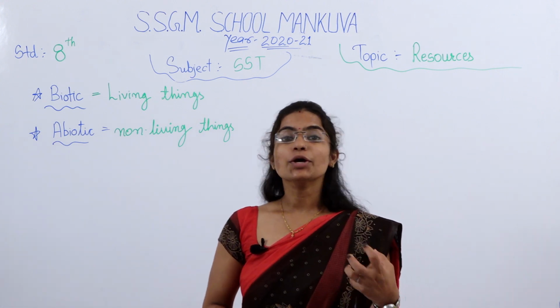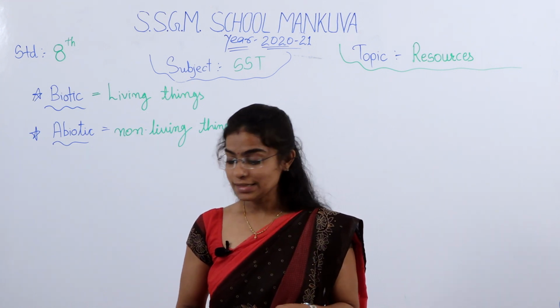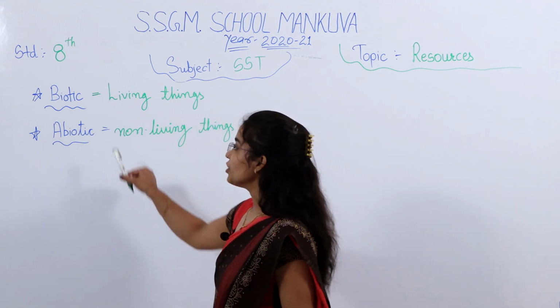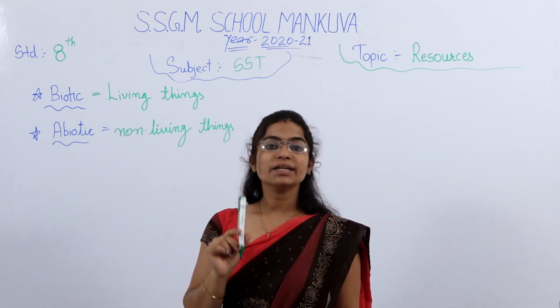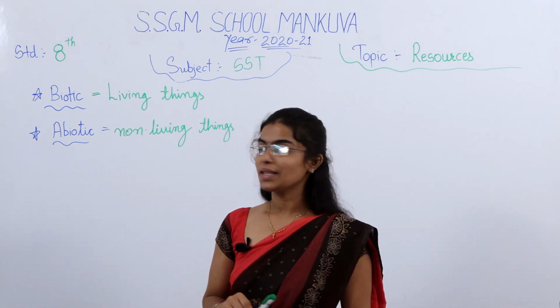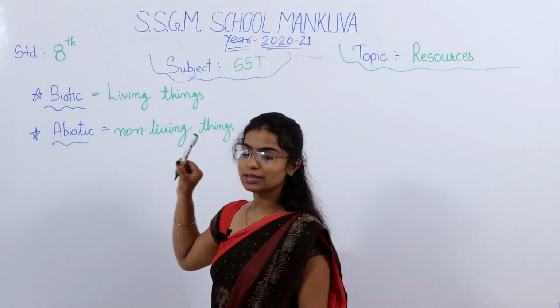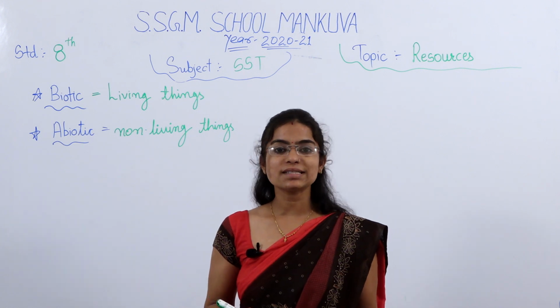Because it is non-living. It is a human-made thing. Okay, friends? So, biotic things means living things that nature gives us. And abiotic things means non-living, human-made things. Nature doesn't give us.